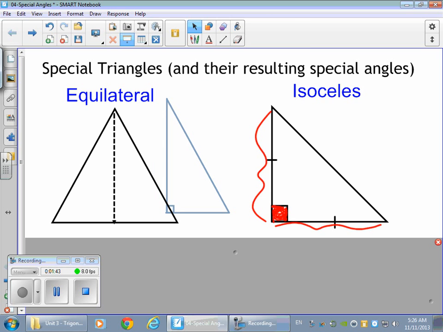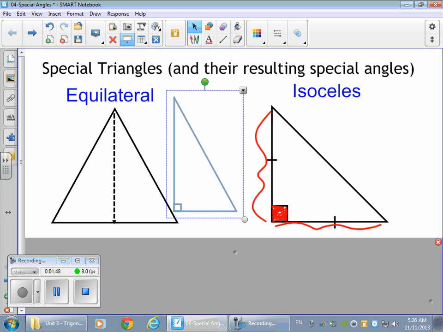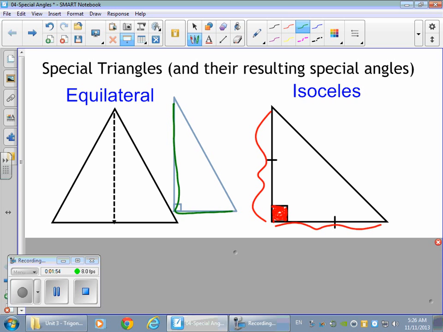That's not showing up very well, but you can sort of see the right angle triangle that resulted here. These are the two triangles I'm really interested in for today: this half of a triangle here, and of course the isosceles.